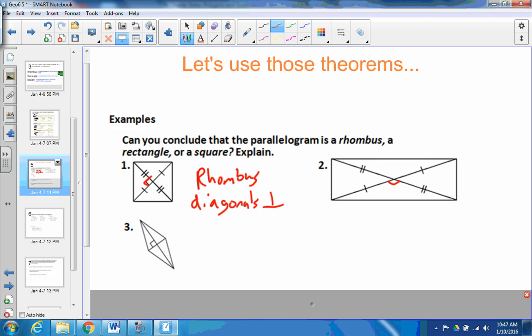This would be congruent to this. So now we have that these two triangles, top and bottom, are congruent by side, angle, side. So that means that this is congruent to this. So we still don't have enough there. We know that they're congruent, but we don't know that the diagonals are congruent just yet. So I mean, we can tell that it's going to be a rectangle, but we can't prove anything here. There's not enough info.